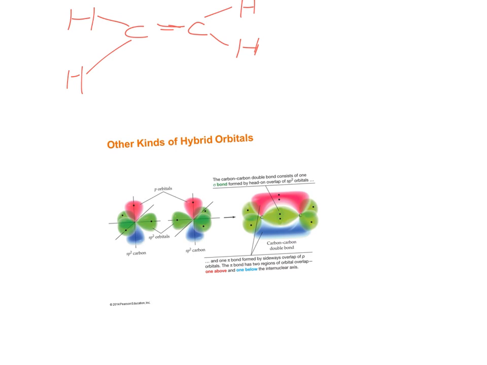Now we have a conundrum, because we have three single bonds in here. I'm talking about one carbon. For each carbon we have three single bonds, and then we have one double bond.